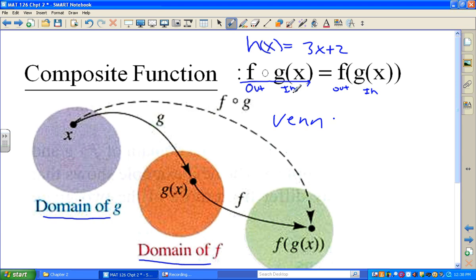That could be a good function because you could let g of x equal x plus 2 and let f of x equal 3x. The other way around, sorry.